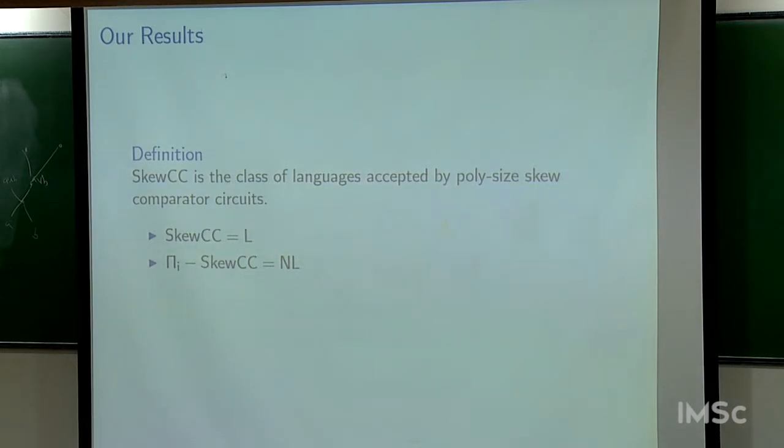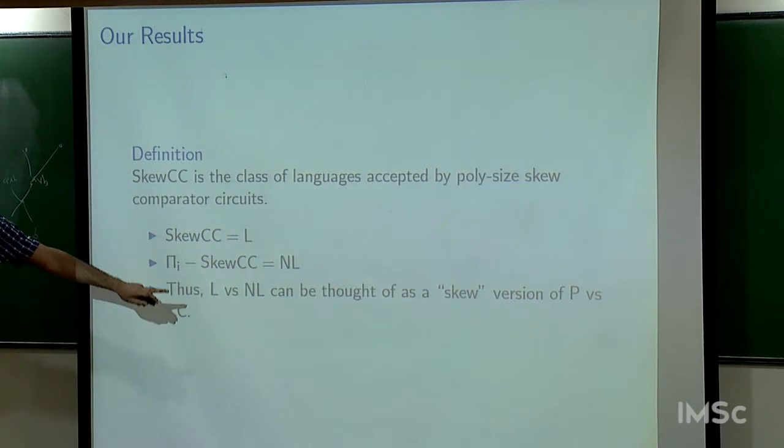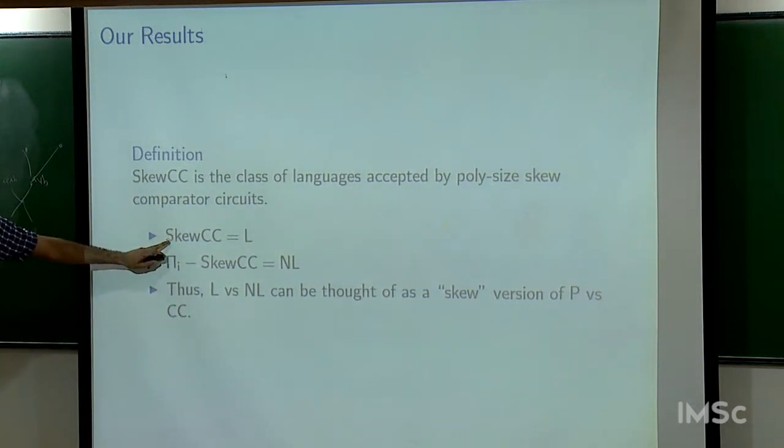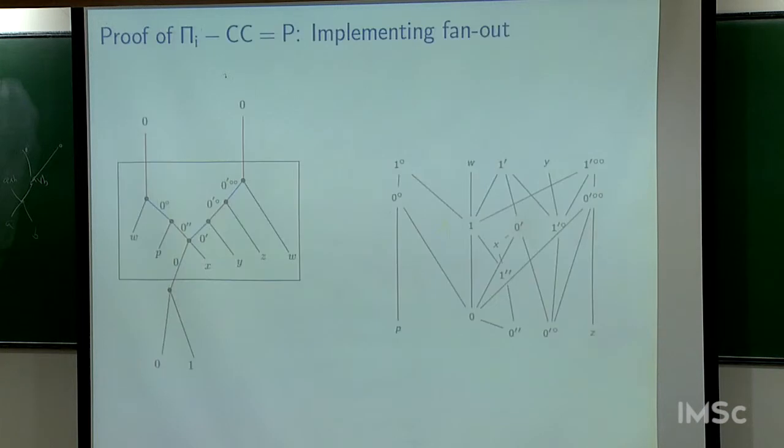So that's just a consequence of the proof of pi I CC equal to P. Yeah, so you can think of L versus NL as a skew version of P versus CC. So CC is comparator circuits, P is Boolean circuits. L is skew comparator circuits, and NL is skew Boolean circuits, general Boolean circuits.